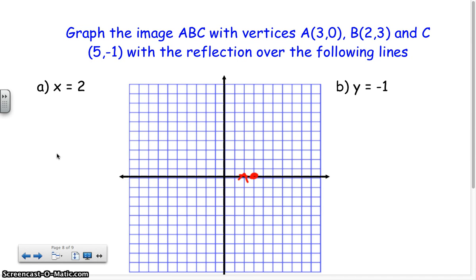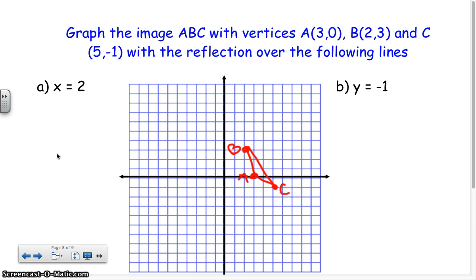My B vertex is at (2, 3), so x is 2, y is 3, this is B, and C is at (5, -1): 1, 2, 3, 4, 5, negative 1. This is weird, but I'll roll with that. That triangle looks really strange. It's going to be okay though.